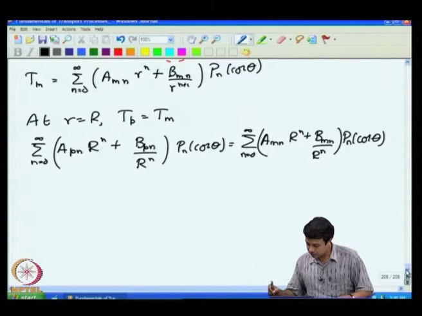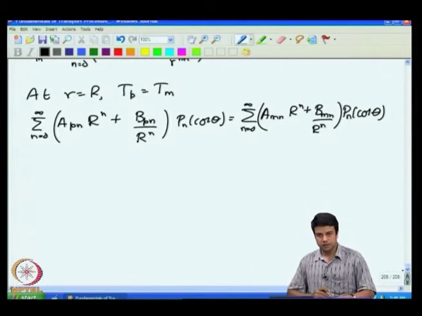Since the Legendre polynomials are all orthogonal to each other, I can multiply this entire equation by Pm of cos theta and integrate, and I will just get that the coefficients are both equal.